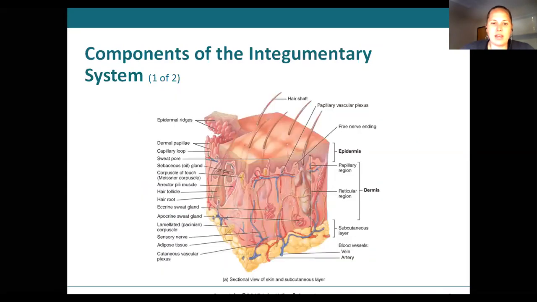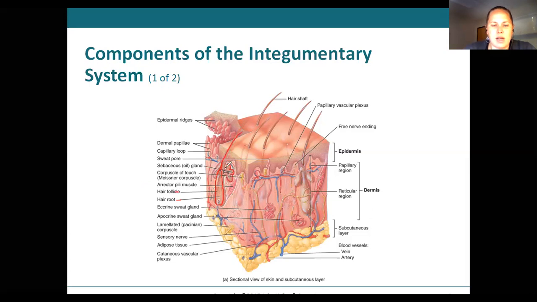Okay, so I like this because it does show you that cross section of the hair follicle and the hair root located here through the dermal layer. You can see the hair follicle and the hair root in the dermal layer, and then you can also see that it passes through the epidermal layer as well, and how you have these different glands that are associated with it.